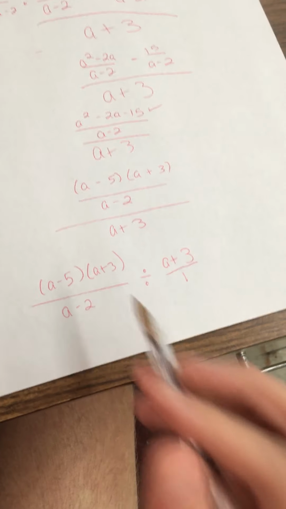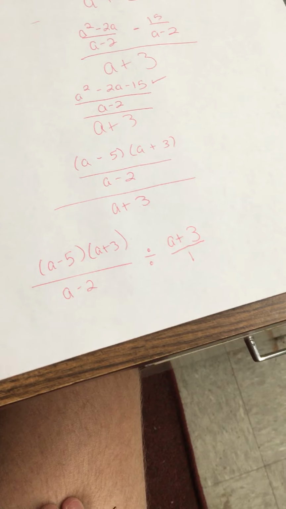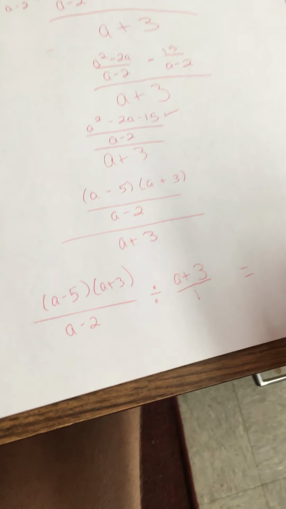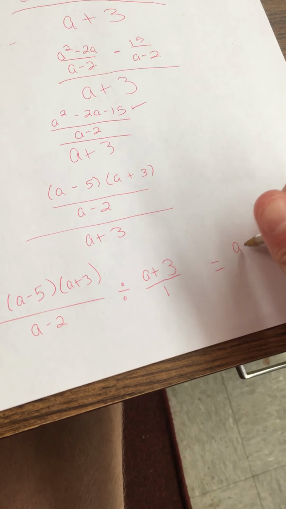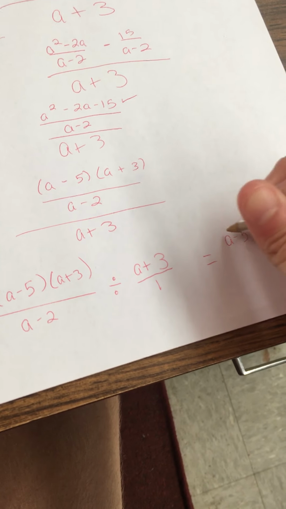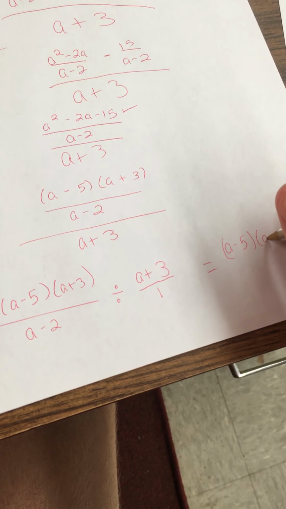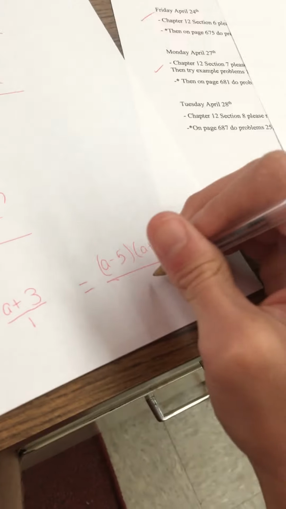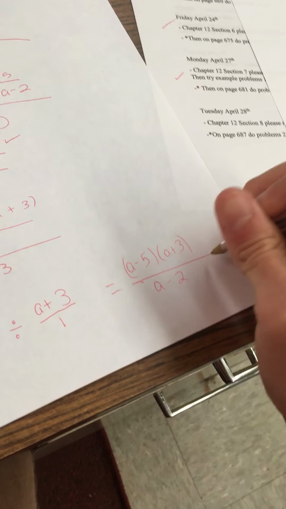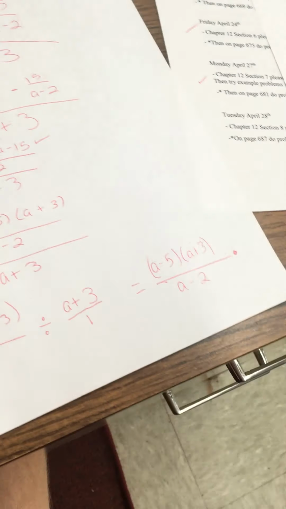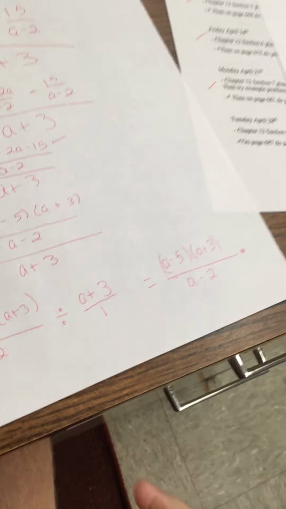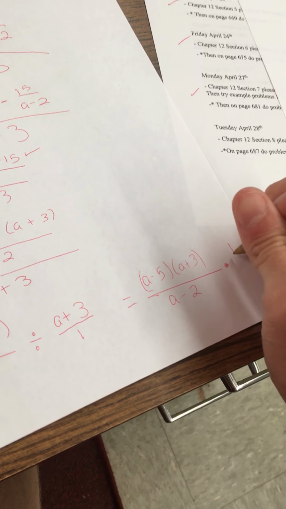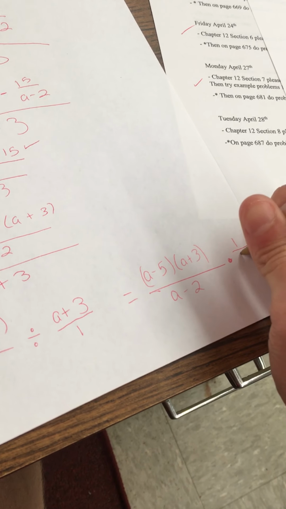Well, we can't divide this into that, but we can multiply it. If we multiply it, what do we have to do to this fraction? We flip it, right? So we'd have 1 over a plus 3.